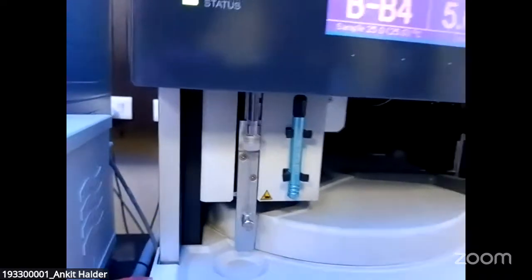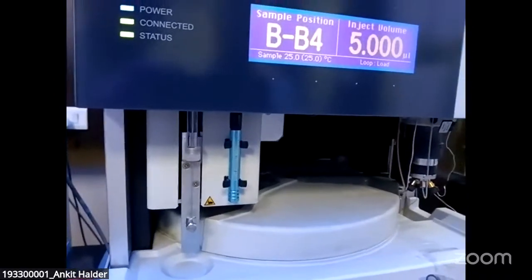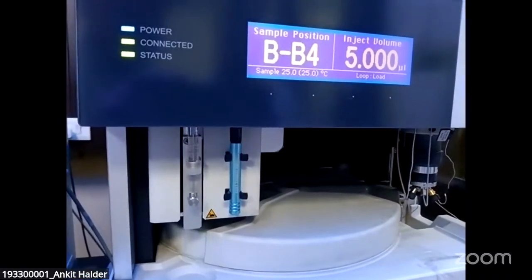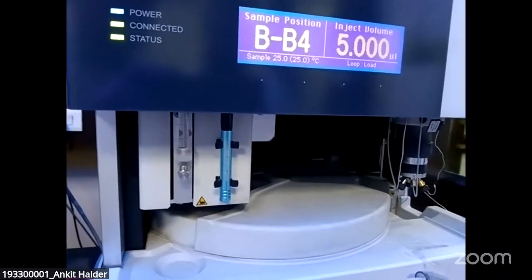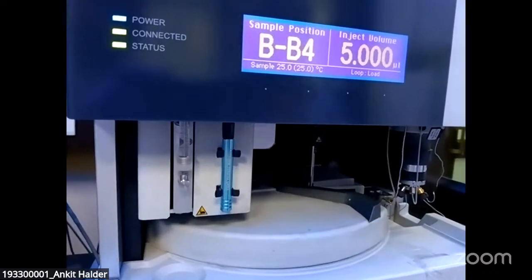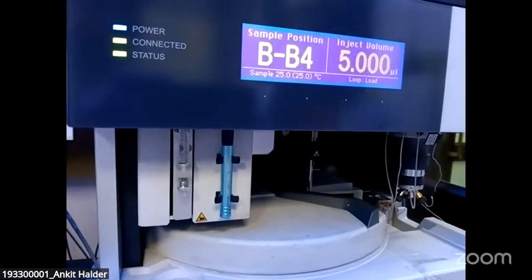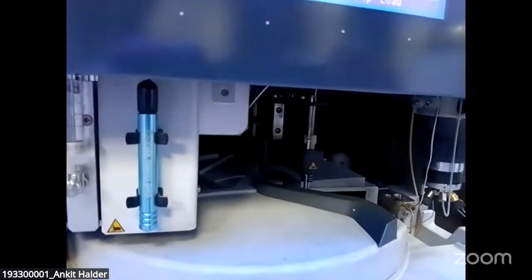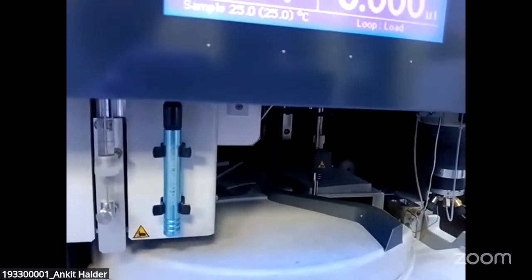You can see a live run now, an injection being taken from the autosampler, and it will be injected. You can see that the sample has been taken, so it is quite an automated way.